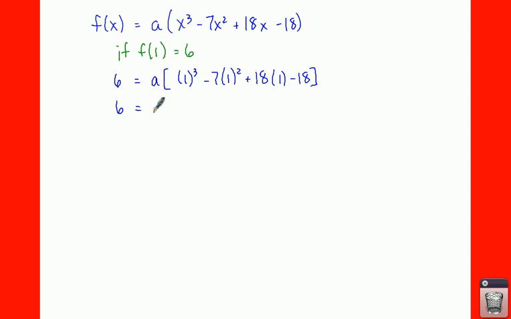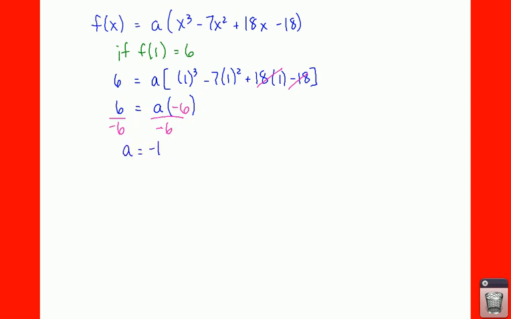So just simplify your equation. 6 equals a times 1 cubed is 1 minus 7 is negative 6, and these 18s just cancel out. So you end up getting a negative 6 inside here. So if we divide both sides by negative 6, you get a is equal to negative 1.